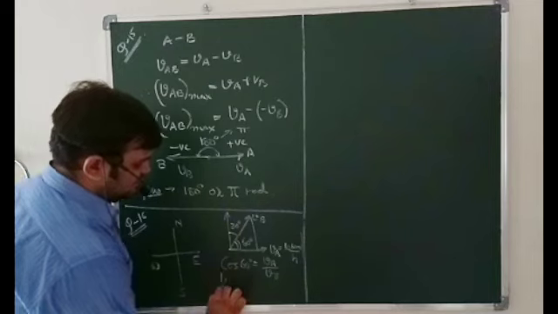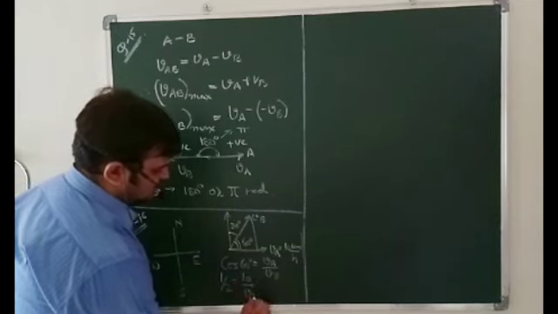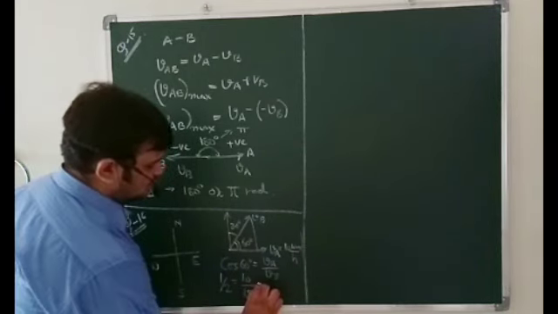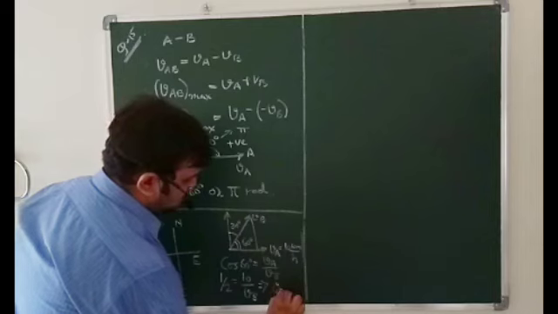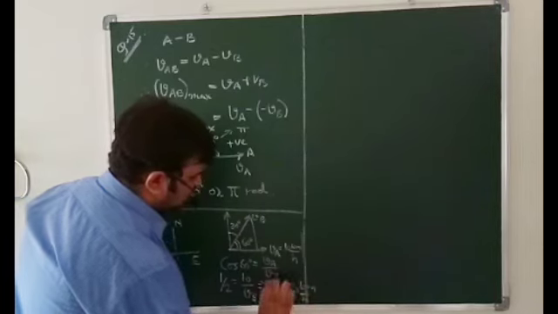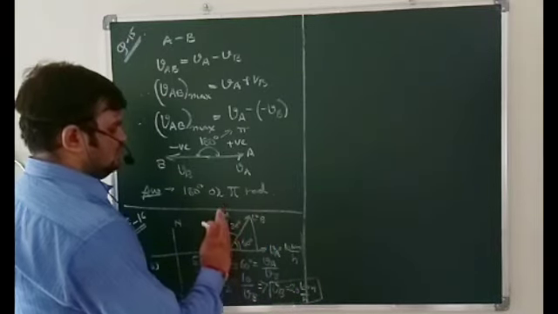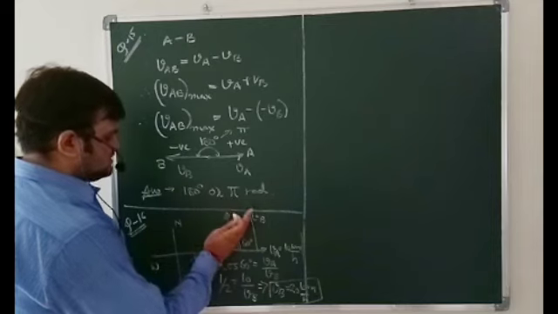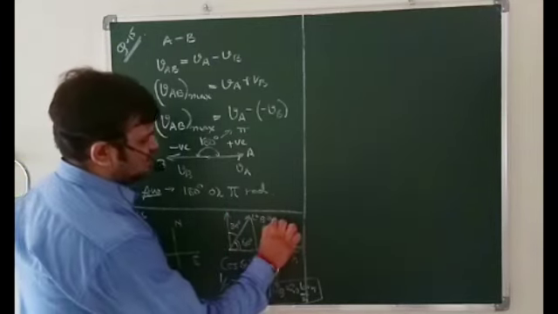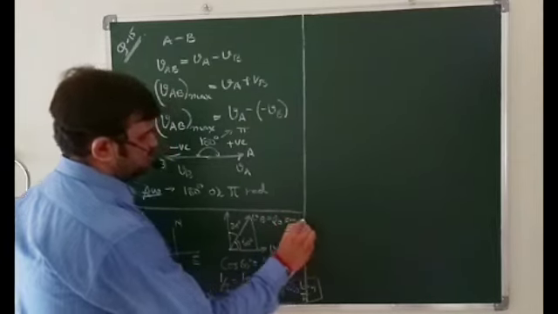Now cos 60 is 1 by 2, VA is 10 divided by VB. So here VB is 20 km per hour. So the speed of second ship, which is towards east from the 30 degree to north, that is 20 km per hour.